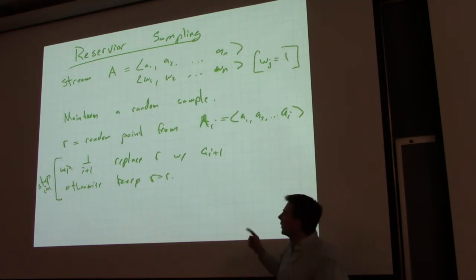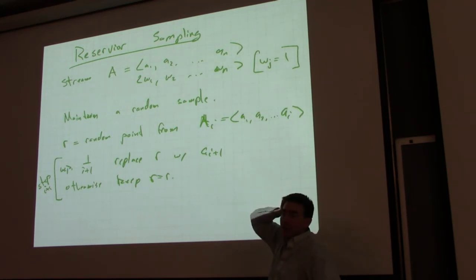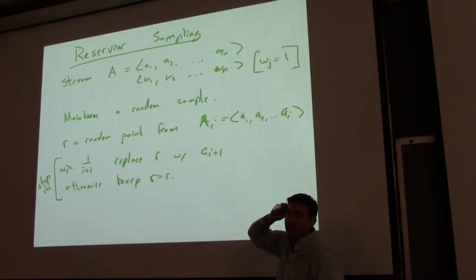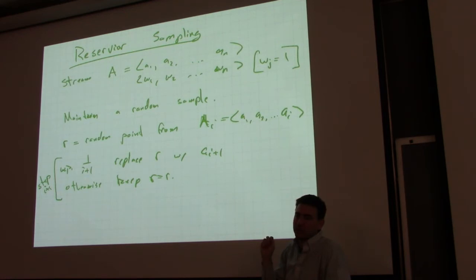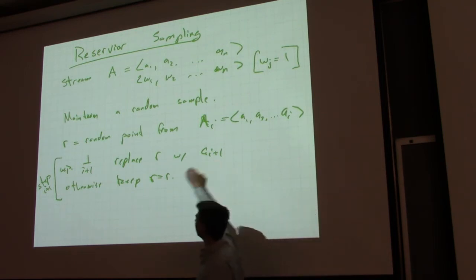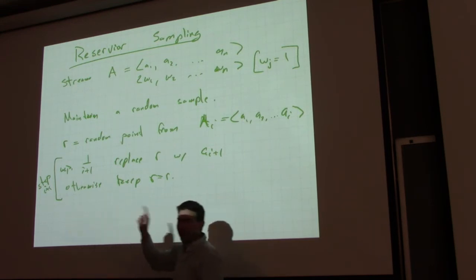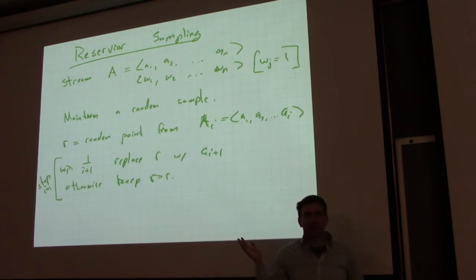If I look at the 10th item in the stream, after I've processed that 10th item, what's the probability I should have kept that as my representative? 1/10, right? When I see it, the probability I keep it is 1/10. So for that item, it makes sense. For the last item I saw, I kept it with the right probability.